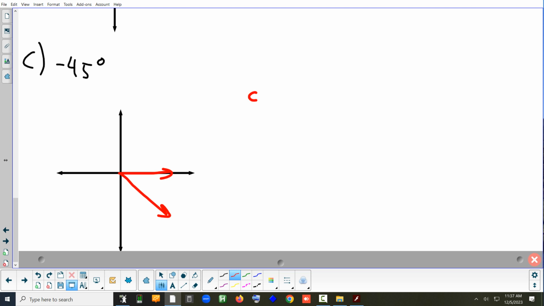Okay, so coterminal and positive. What's an angle that would be the same as negative 45? Yeah. It would be like positive 310, not quite. 315.